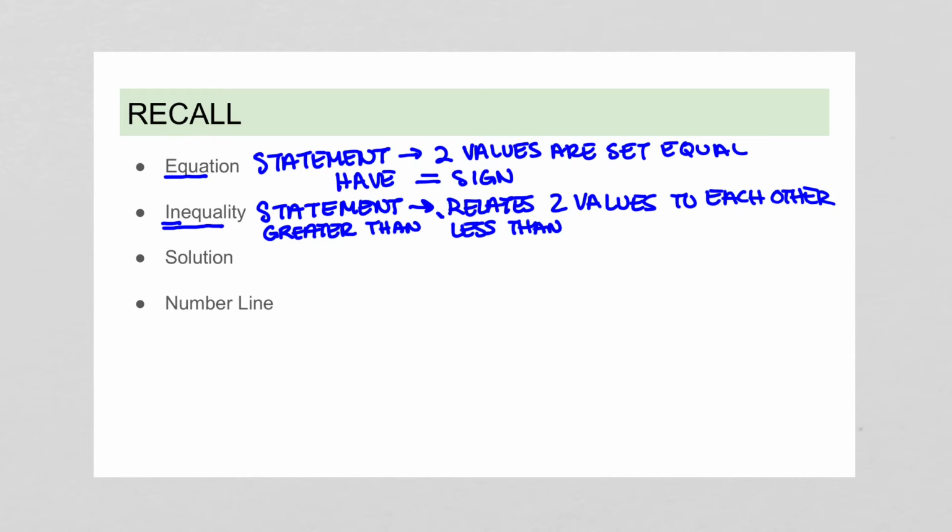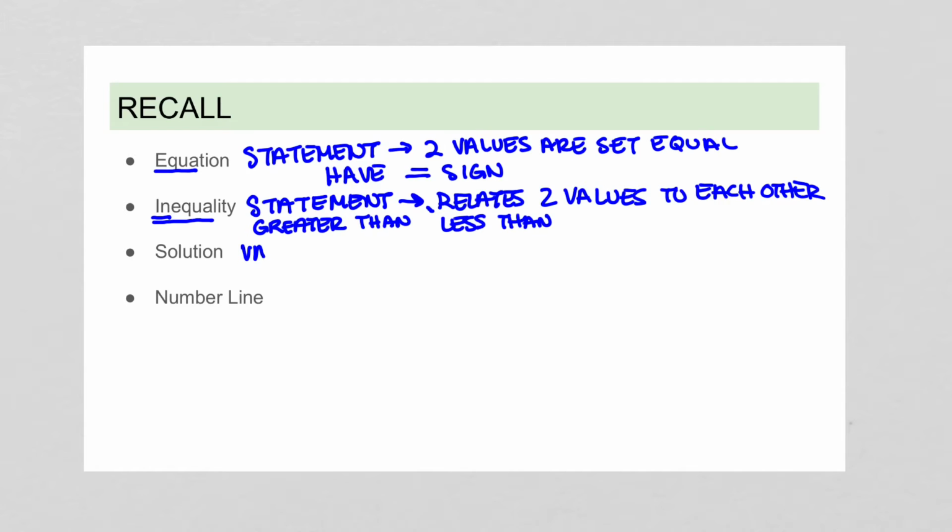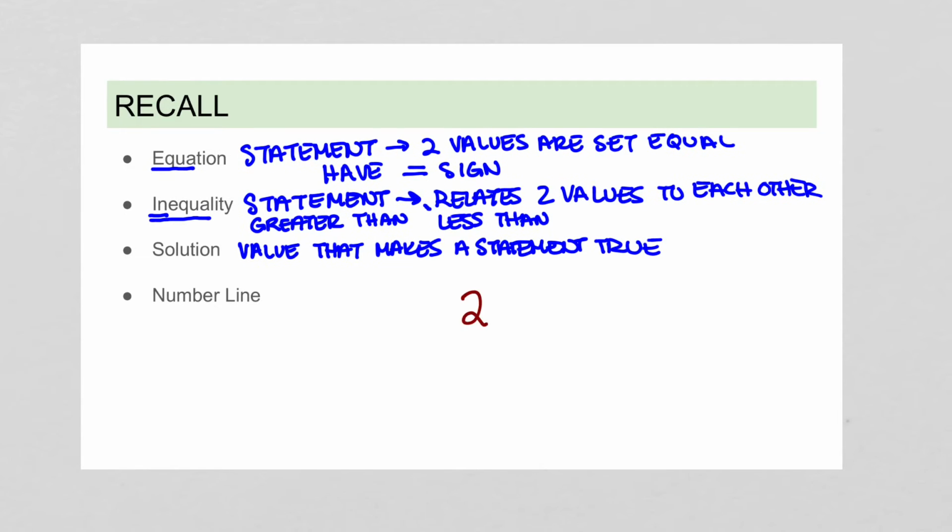And a solution is a value for the variable that makes a statement true. You don't have to write this down, but let's think of a quick example. If I said 2x equals 6, well, we know if we divide both sides by 2 that we would say x equals 3.